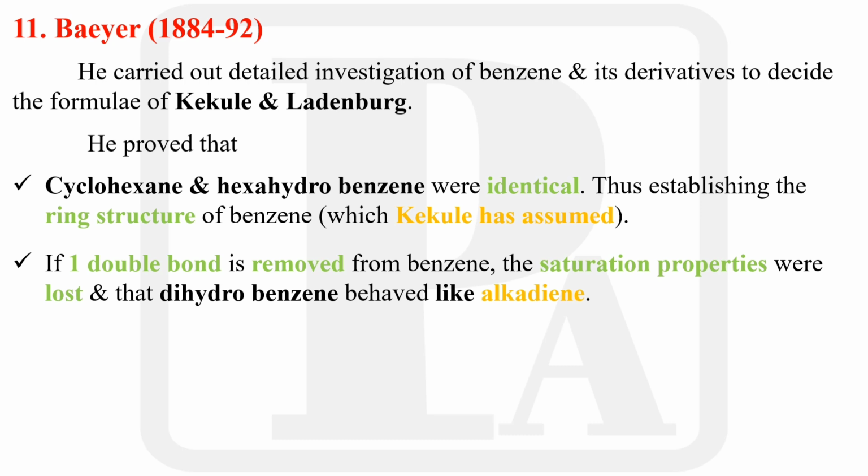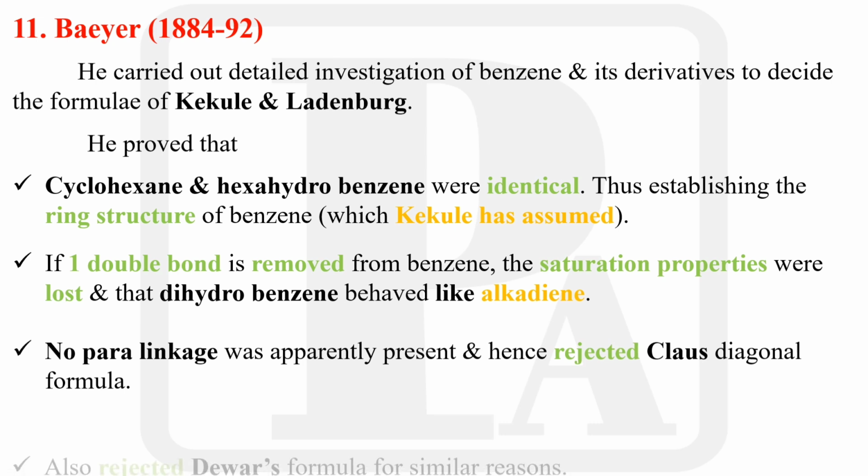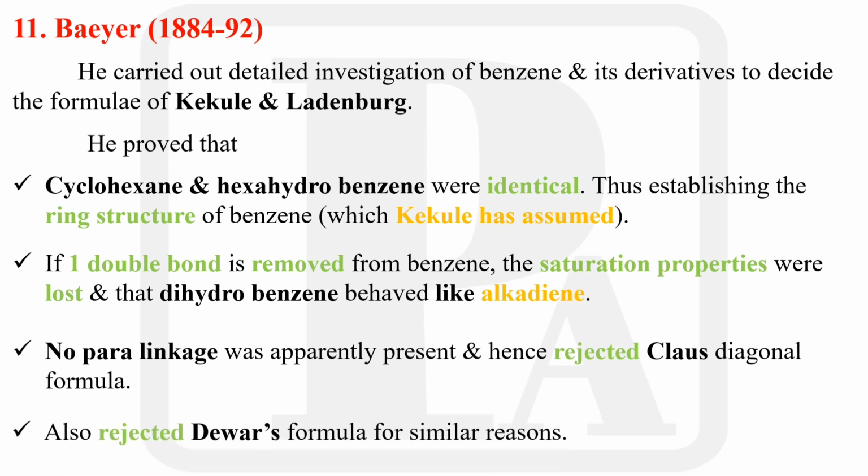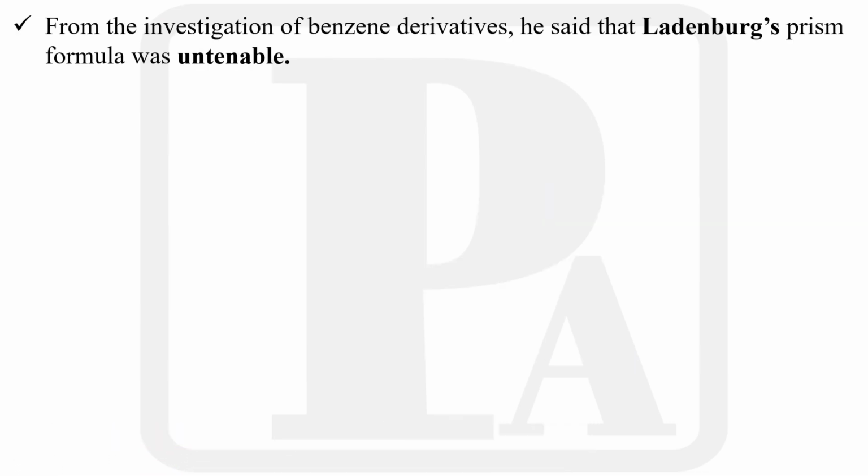If you are removing one double bond from the benzene, saturation properties were lost, and this dihydrobenzene is behaving like alkadiene. It is not having any para linkages. That's why he rejected Claus's formula, Dewar's formula, and also Ladenburg's formula.